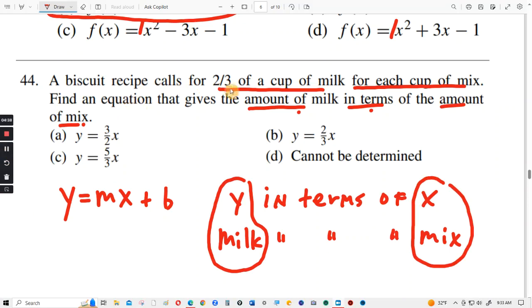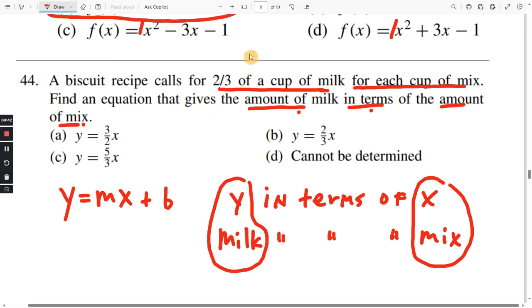So basically the amount of milk in the recipe goes up by 2/3 for each cup of mix. So each cup is going to be 1 cup. The mix goes up by 1 cup when the amount of milk goes up by 2/3 of a cup.